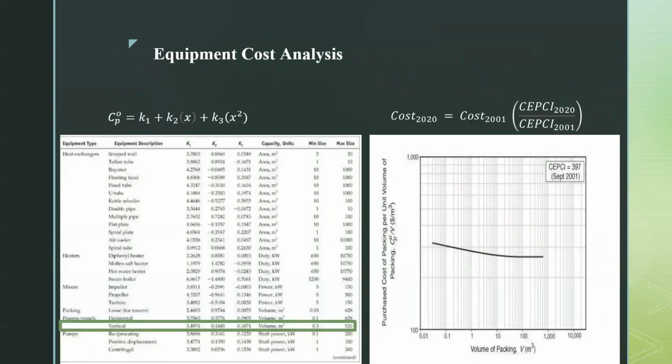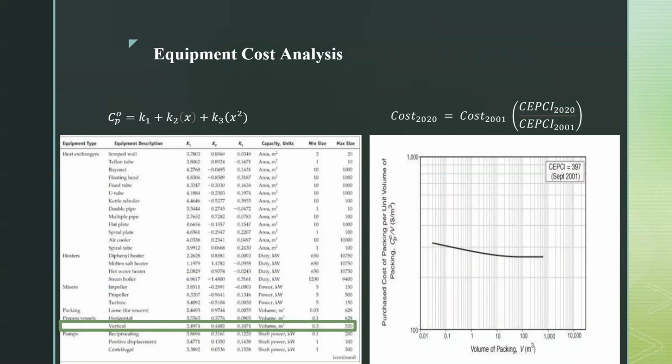In cost estimation of the equipment, first of all, we find the purchased equipment cost by using cost indexes, and the cost of the equipment is found by using the formula. From the left, we obtain the K1, K2, and K3 factors from the table and the size, which is the area of the column.